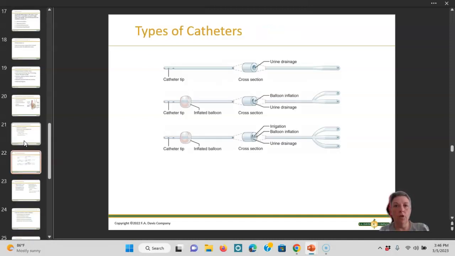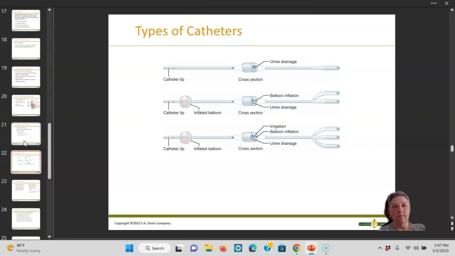All right, so here's the difference between your straight cath. You can see this straight cath has no balloon because it's not staying inside. The other ones, if it has two ports, one is the balloon and one is the urine.